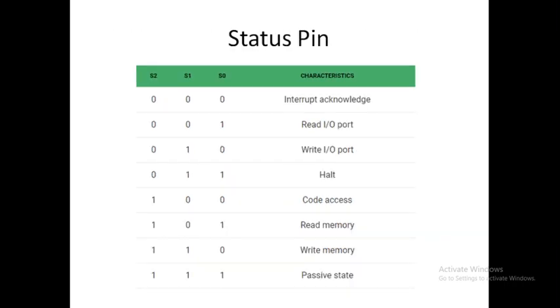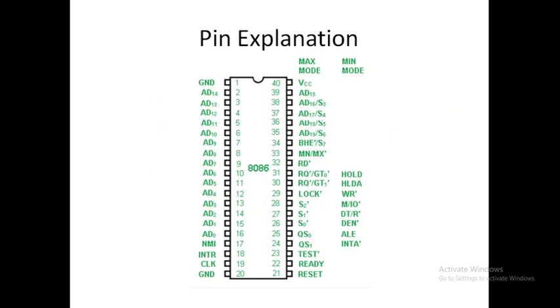Now go back to the picture. DT/R bar, in minimum mode, pin 27, data transmit and receive. This pin is required in a minimum system.